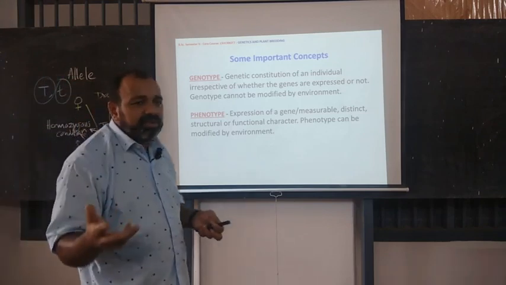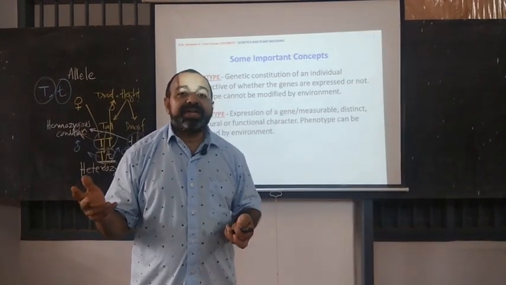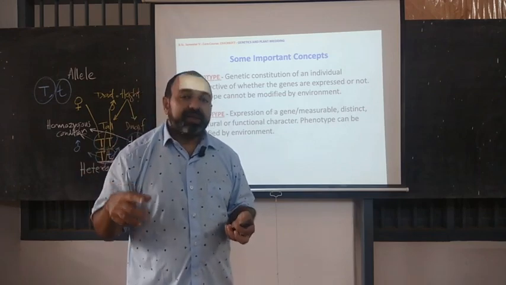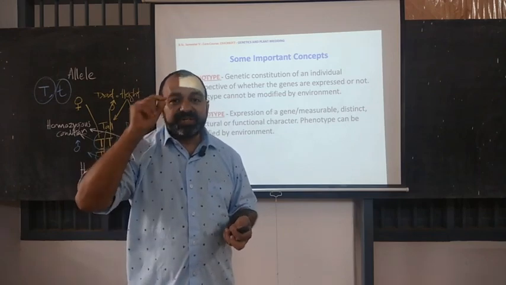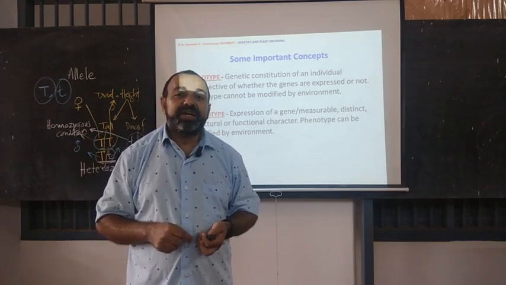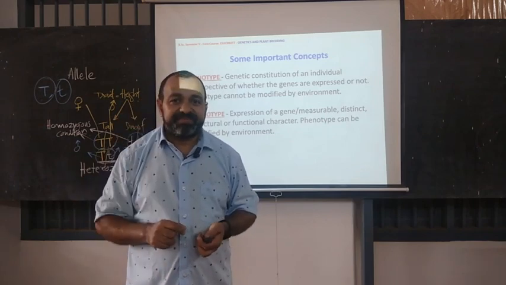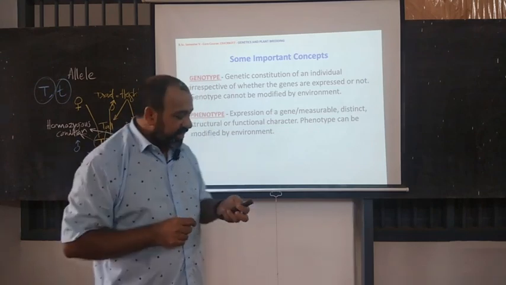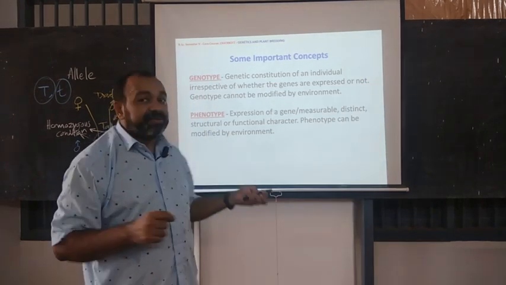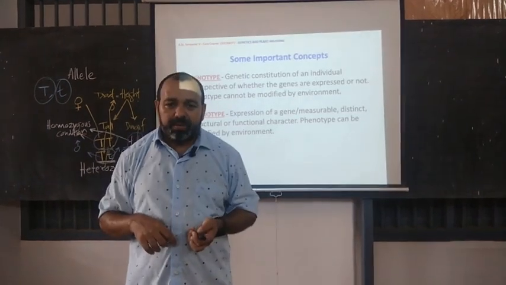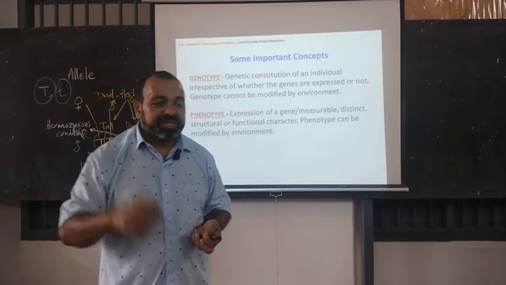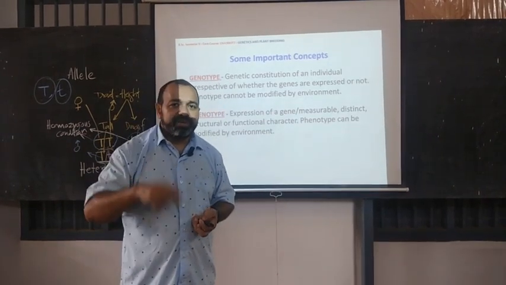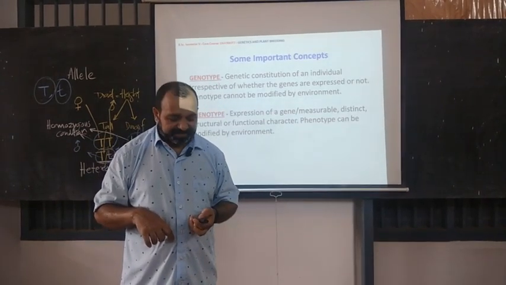Only the dominant allele will be expressed normally, but whether it is expressed or suppressed, the genetic constitution of the individual is its genotype. Genotype cannot be modified normally by environmental factors.